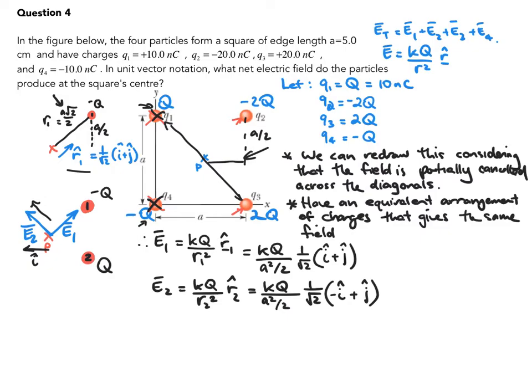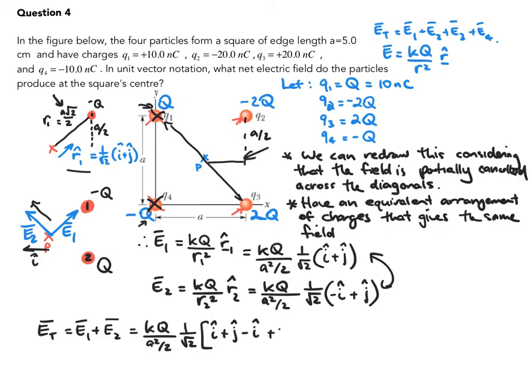Right, so now we have those two vectors, we can write the total vector. This is E1 plus E2. So instead of having 4 to do this for, we only have 2, and we use a bit of symmetry. It's going to be K, Q over A squared on 2, 1 on root 2 is going to come out the front. And then we just have to add these two together. So we get I plus j minus I plus j.